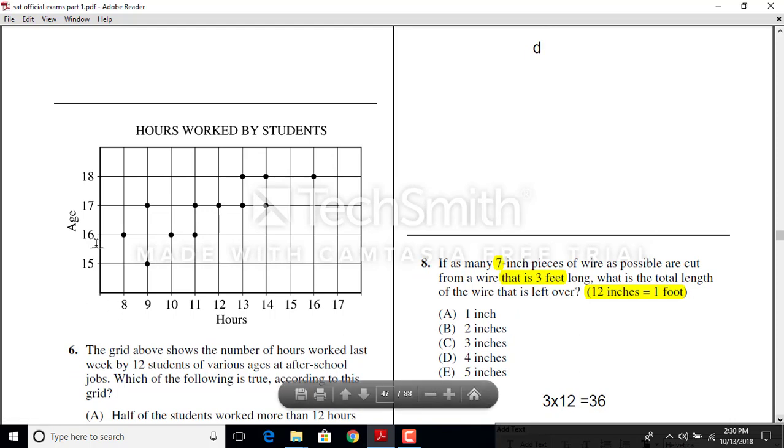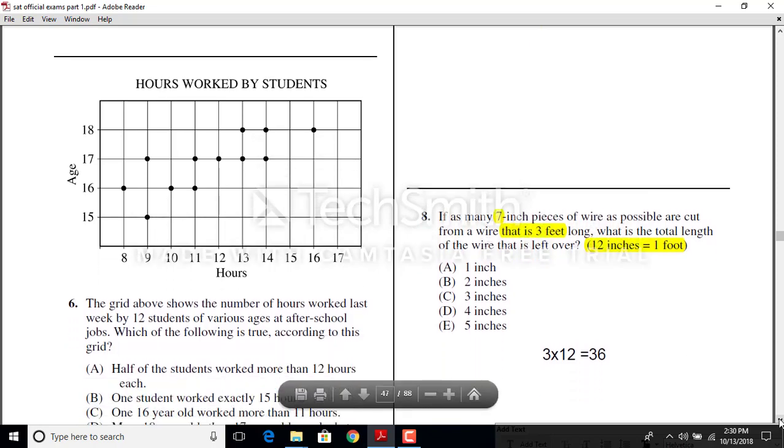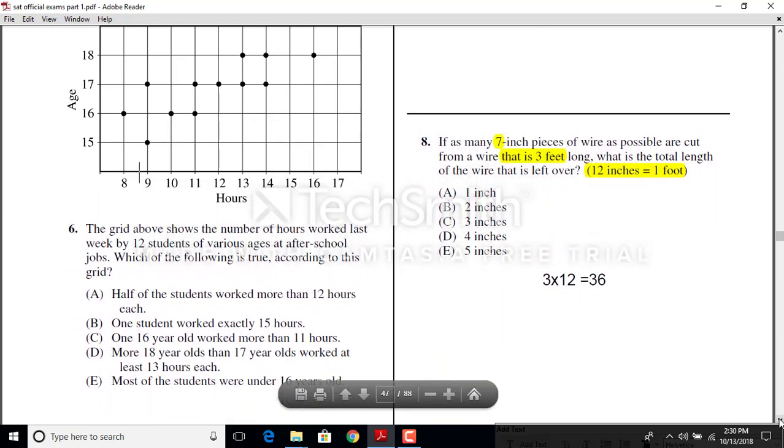Here, the y-axis is for the ages of the students and the x-axis for the number of hours that they worked. Let's read. The graph above shows the number of hours worked last week by 12 students of various ages at after-school jobs. Which of the following is true according to this graph?